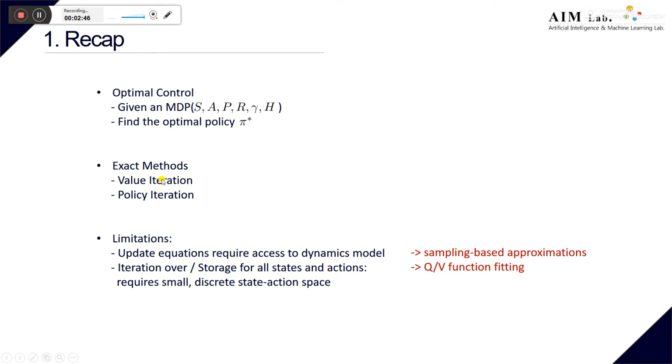The first iterates from the zero value of V to the optimal value of V, and the other iterates the policy and finds the optimal policy to maximize the expectation of rewards.